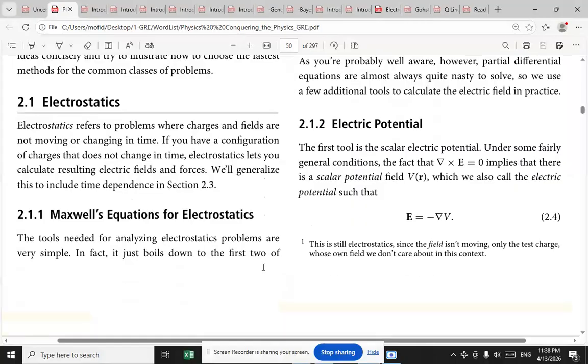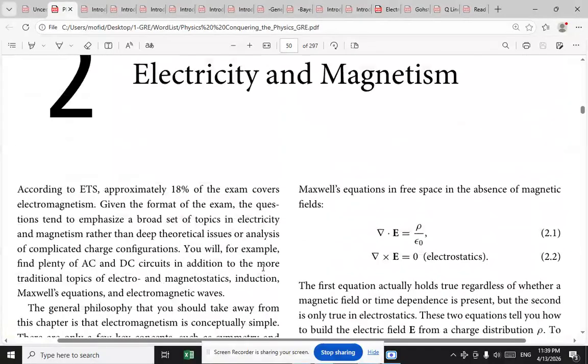Now I want to go through the subsection of electrostatics, which is 2.1.1, Maxwell's equations for electrostatics. The tools needed for analyzing electrostatics problems are very simple. In fact, it just boils down to the first two of Maxwell's equations in free space in the absence of magnetic fields.